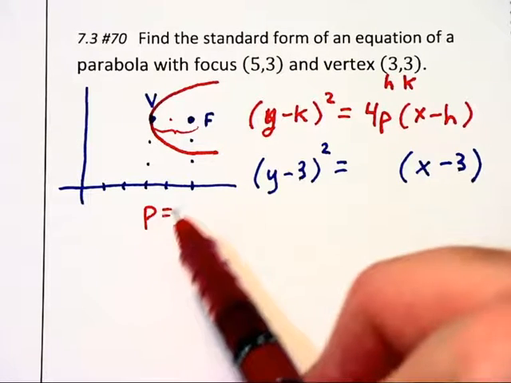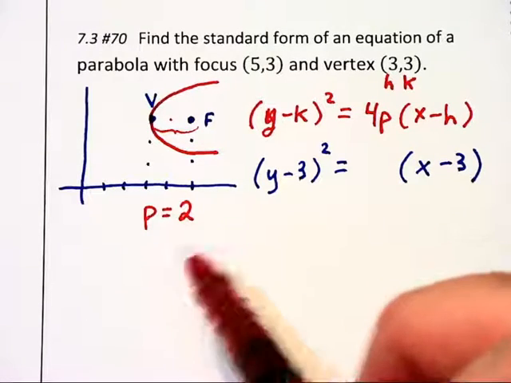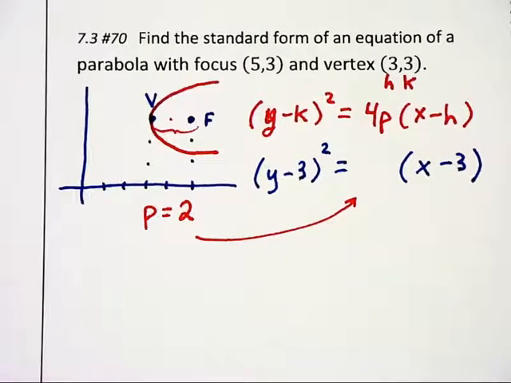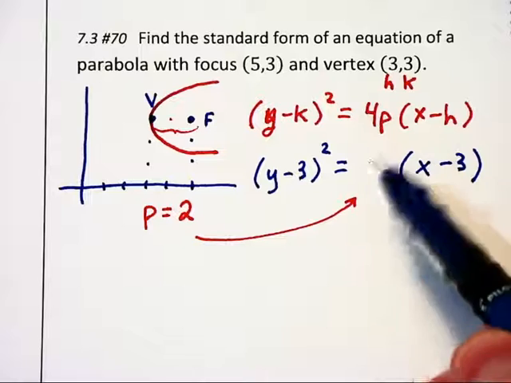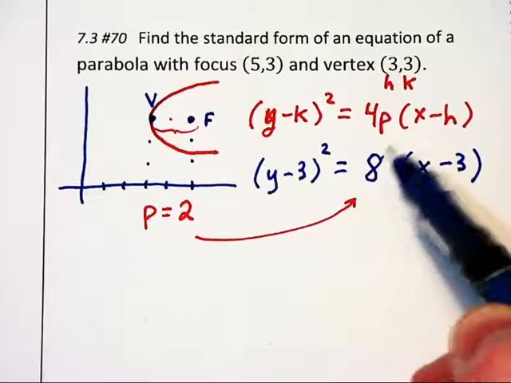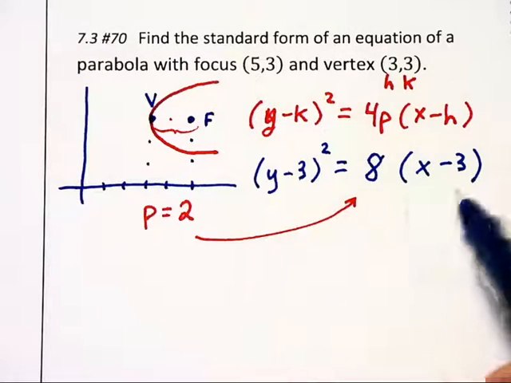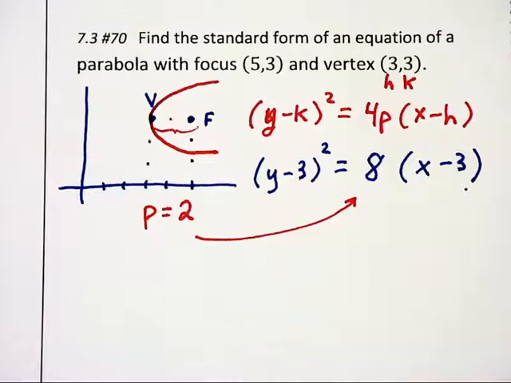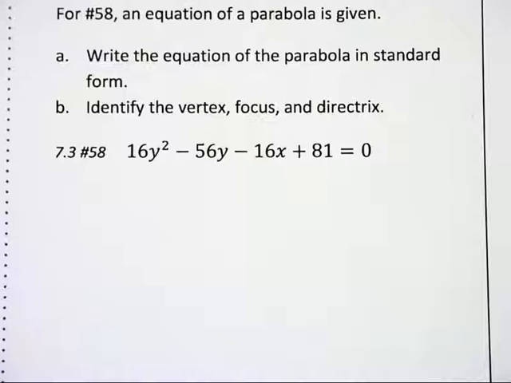So p in this problem is equal to 2, which we can now substitute into our formula. 4 times p, 4 times 2 becomes 8, and then this second line is the equation of the parabola having those features. Now we want to complete the square to put these in standard form.